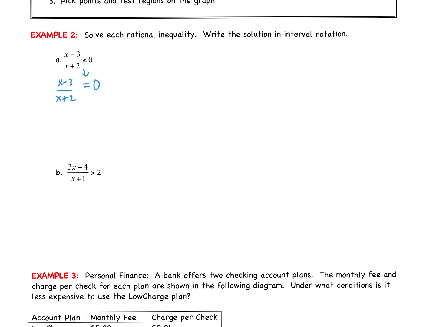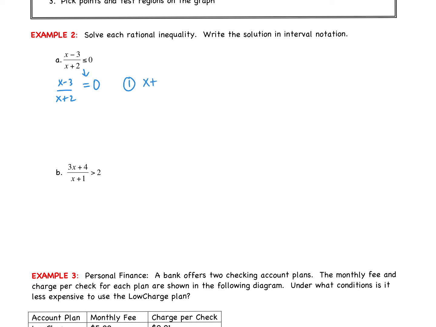Before we solve this, anytime you see, this is called a rational equation, one that has a fraction, what's the first thing you have to do before you even jump in and start solving? Find out what x cannot be equal to. In this case, what can x not be equal to? Negative 2.